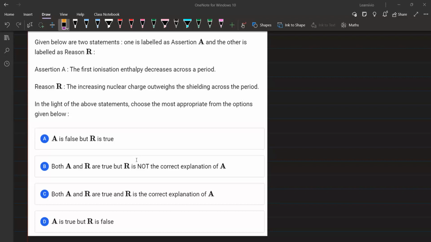Like you are going across a period, which will have the highest ionization enthalpy and which will have the least ionization enthalpy in those terms. Okay, I see some messages are deleted. Time is almost over.